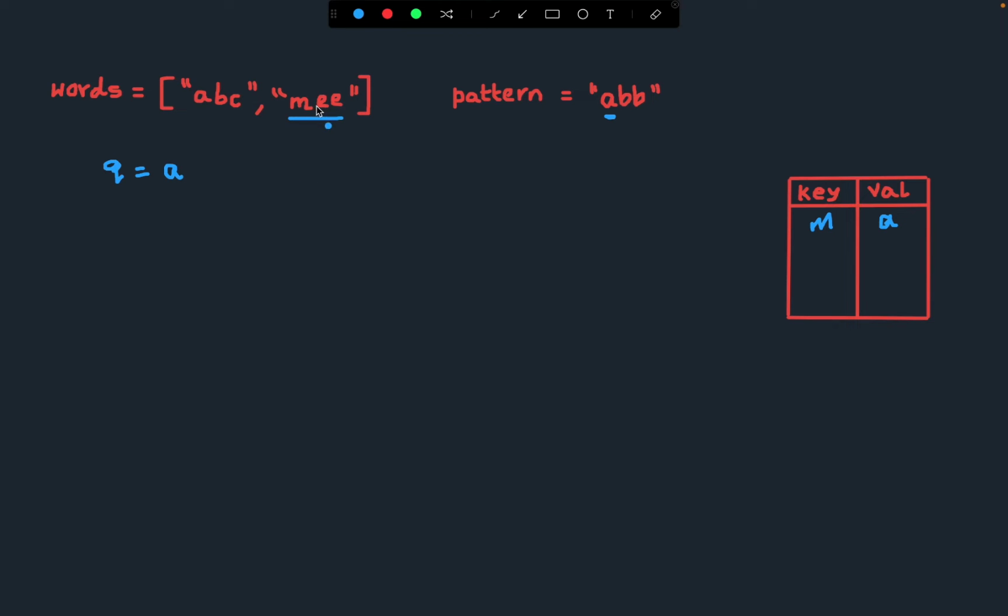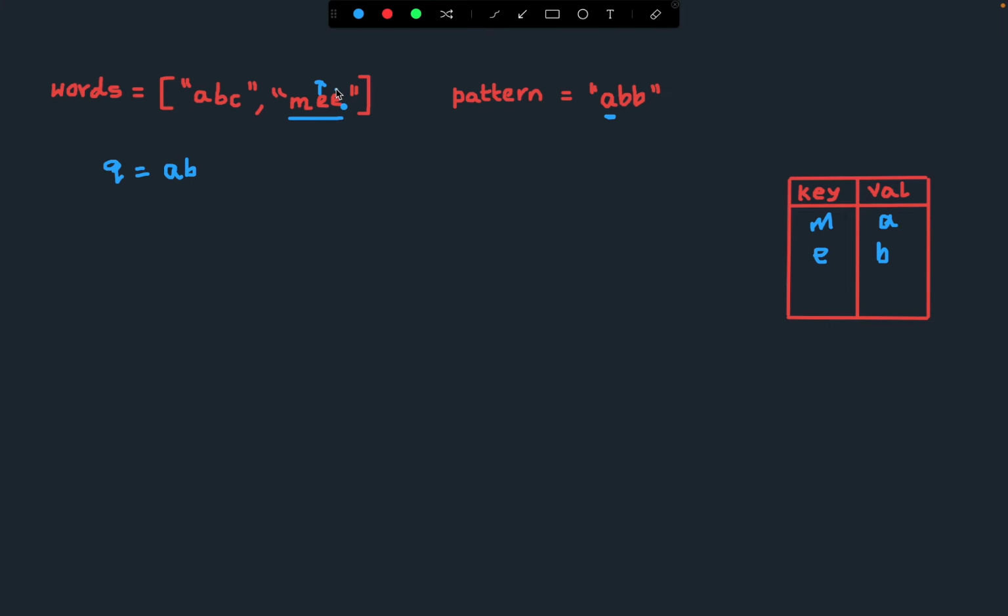And similarly for the next character, that is E, I don't have any character E in the dictionary's keys, so I'm going to add E to the dictionary, and the respective character in the pattern string would be B, so I'm going to add it. And similarly I'm going to concatenate B to the query string here.